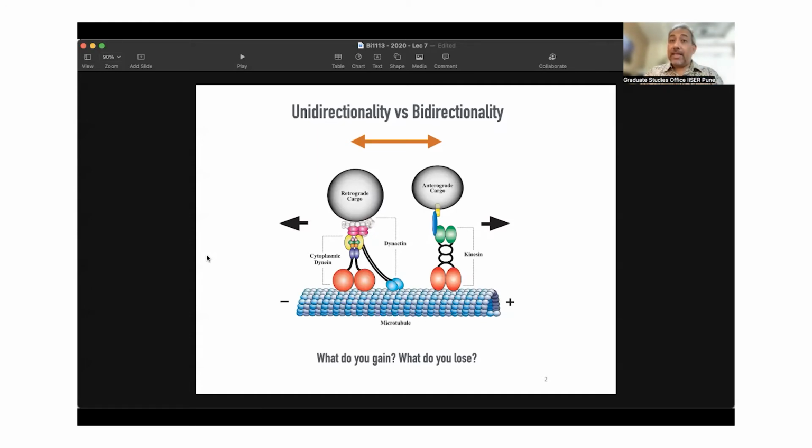right? Now, it is highly possible that a bidirectional motor protein needs, as we discussed, many ways of controlling it. And it's also possible that a bidirectional motor protein could be a bit more error prone, right? And somebody has alluded to this, that bidirectionality has chances of more error as compared to unidirectional motor proteins. And that's a very important point to make, right?